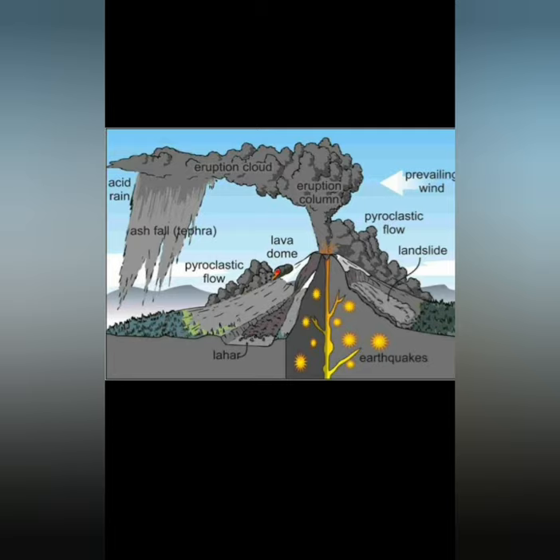Dormant and active volcanoes are considered very good tourist spots which people from many parts of the world visit. And the material which comes out of volcanoes is used as a very good building material. These are considered to be the constructive effects of volcanoes.